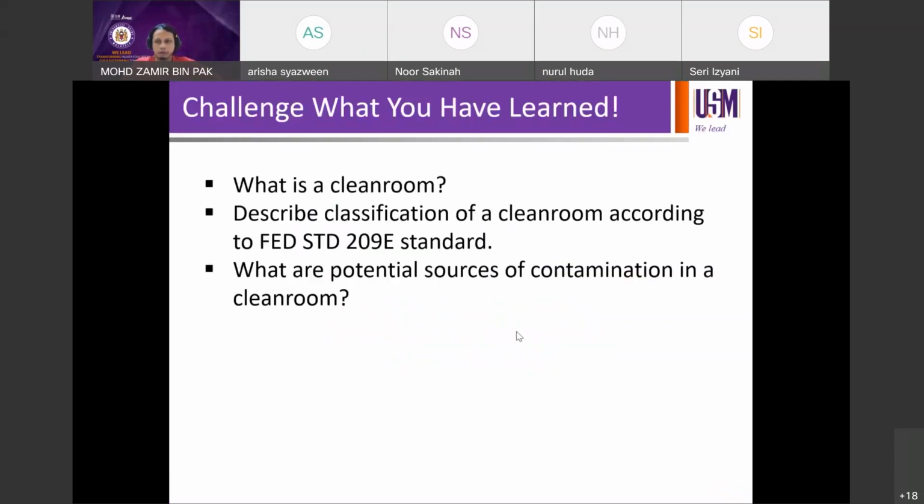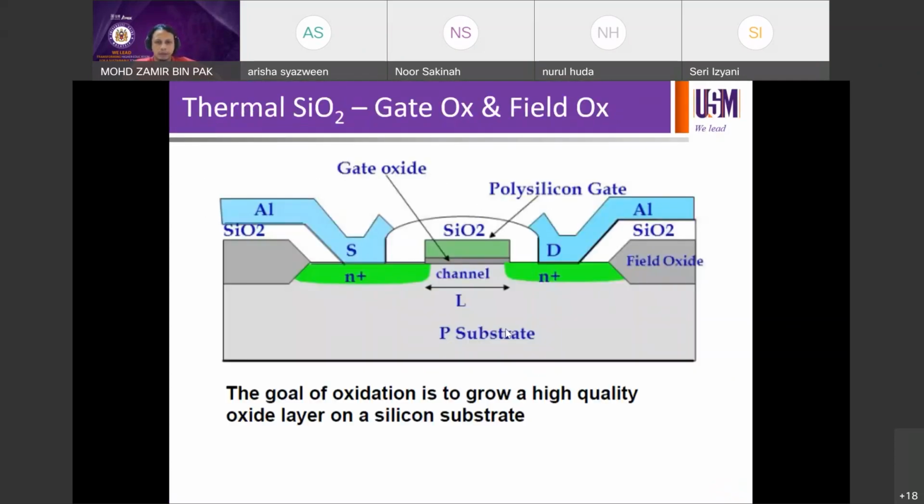So I want to go through this briefly again. We have discussed MOSFET in our previous course, ZAT487, quite extensively on the last part of the course.